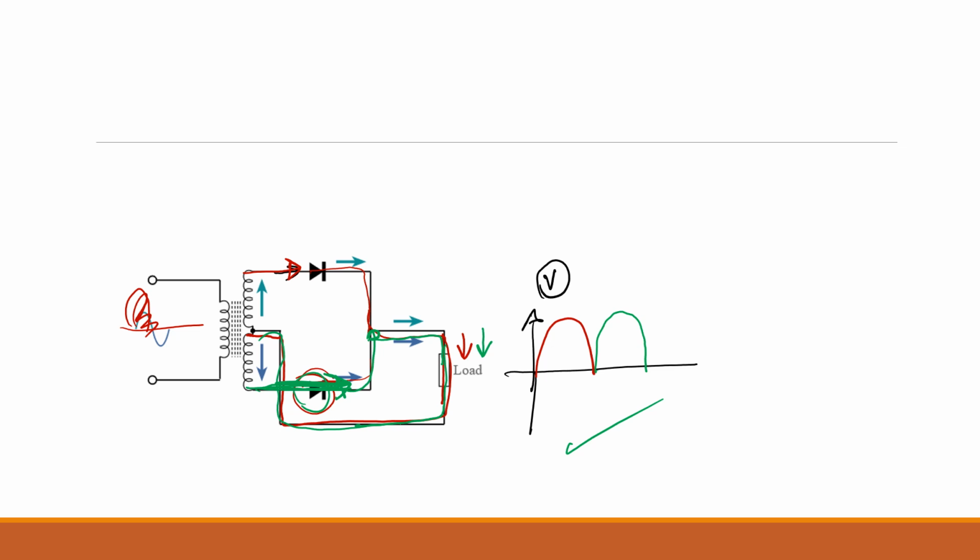Because the current is in the same direction, it is always positive. If it is going in the opposite direction, you get the negative side. But the current is always positive, so there can't be any difference between the red peak and the green peak, because both are the same. Even though the green peak has the minus side at the input, it's still giving you a positive side in the output. Make sense? Any question?